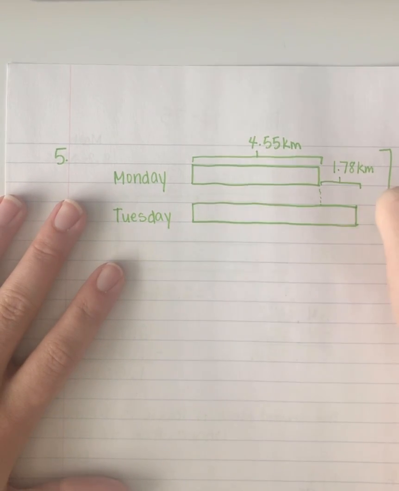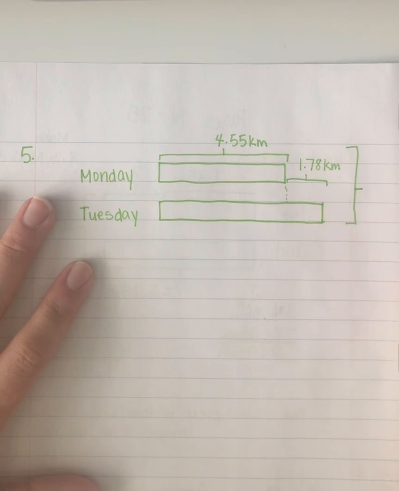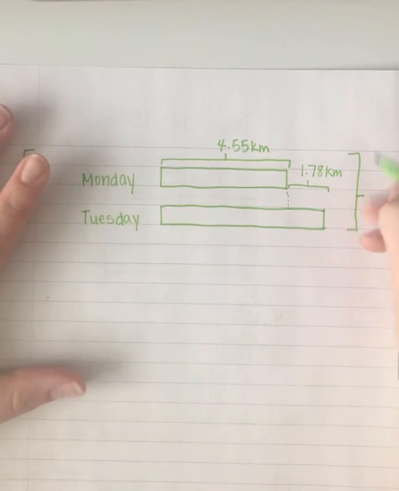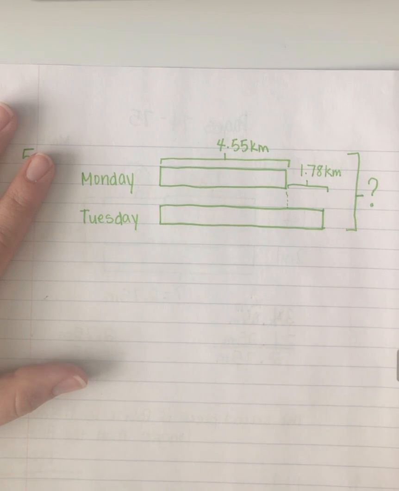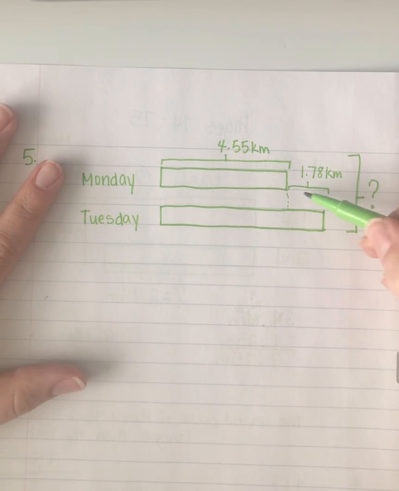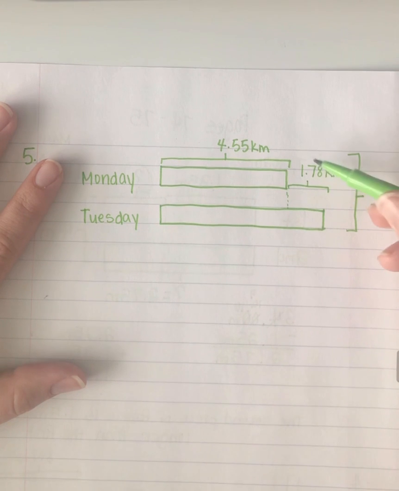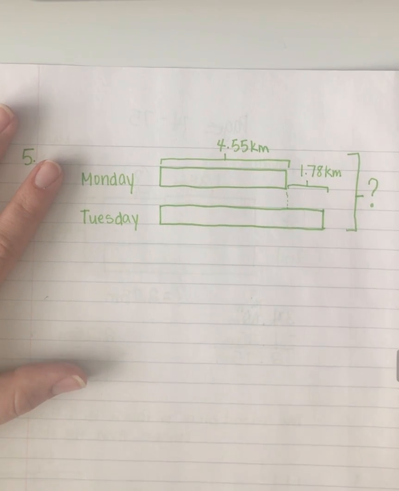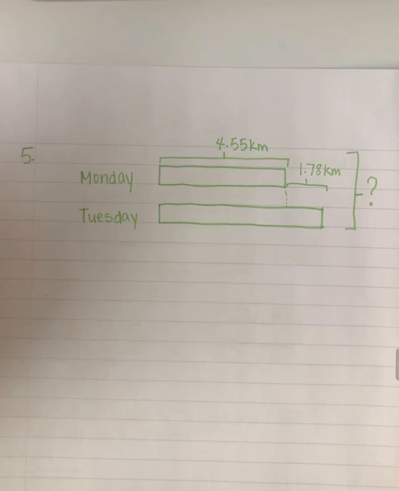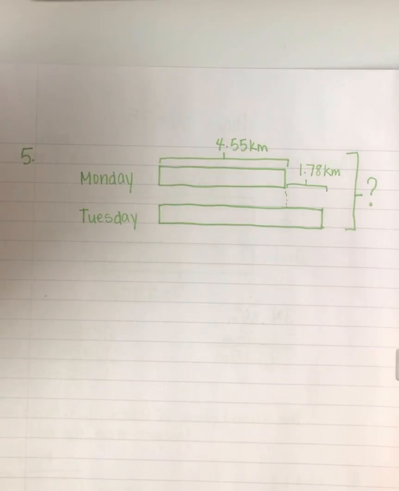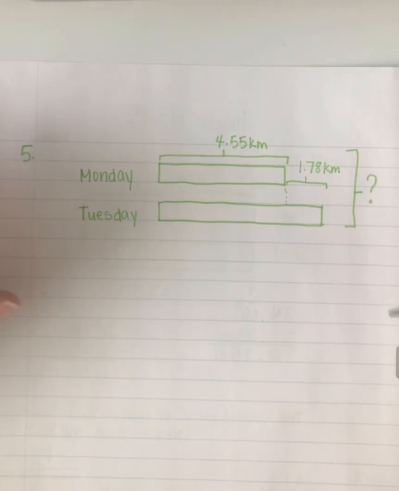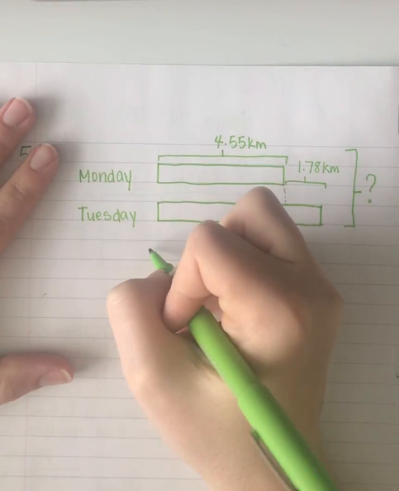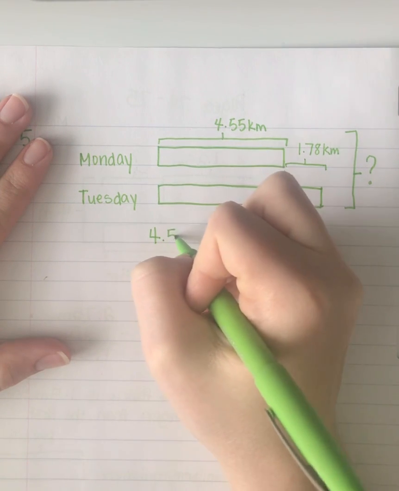What the problem asks us to find is how much he went on both days. So, by having this amount right here, this tells me what Tuesday will be. And then I can add Monday and Tuesday together to figure out how far he went on both days. So, what I need to do first is add 4.55 kilometers to 1.78 kilometers. I can set that up right here.